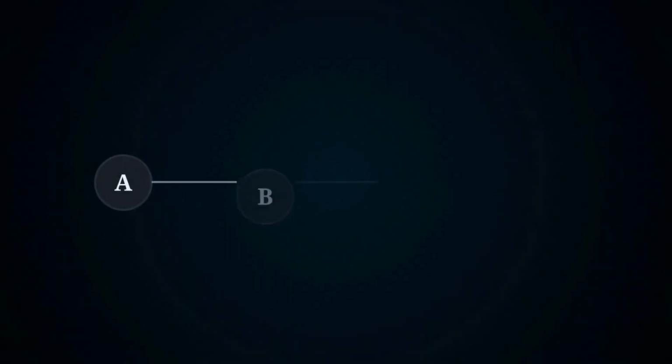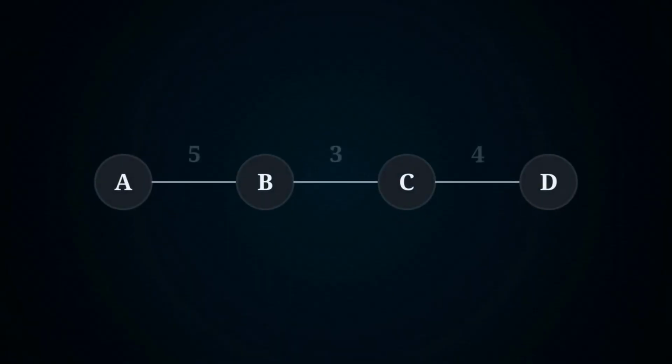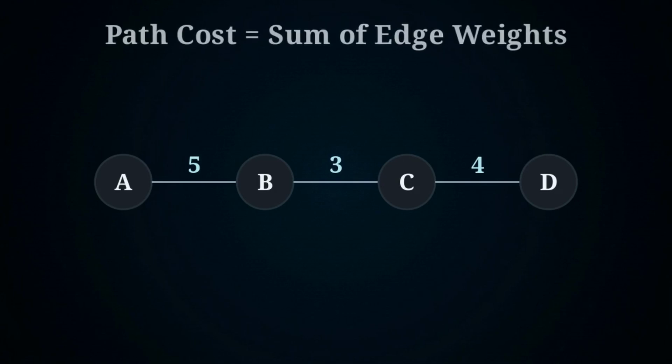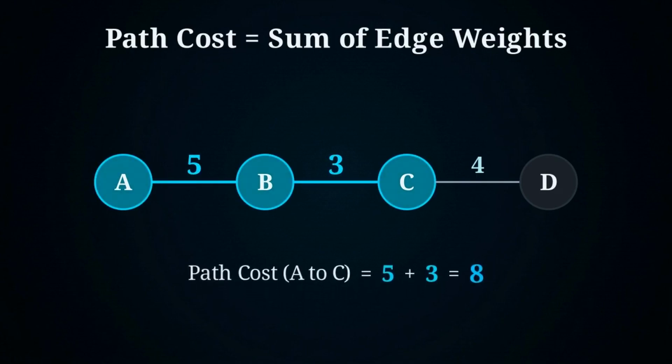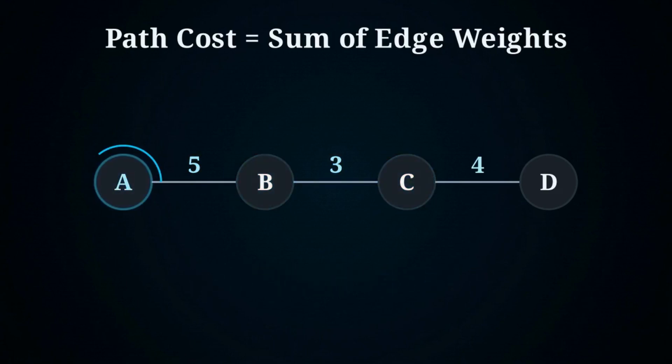When an algorithm evaluates a route, it relies entirely on a metric called path cost. We calculate this by simply adding the edge weights along our route. Traveling from A to C means adding 5 and 3, giving us a total path cost of 8. For any algorithm to begin evaluating these costs, it requires an absolute non-negotiable starting point, known as the source vertex.